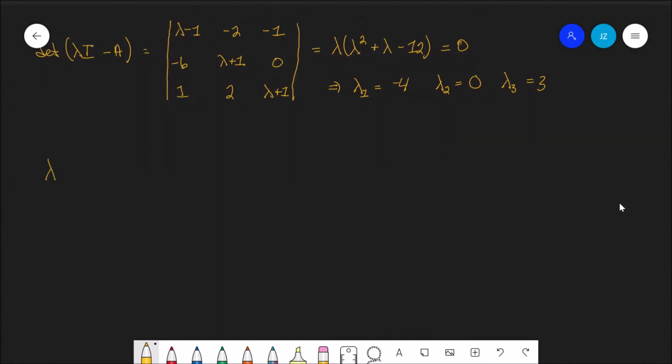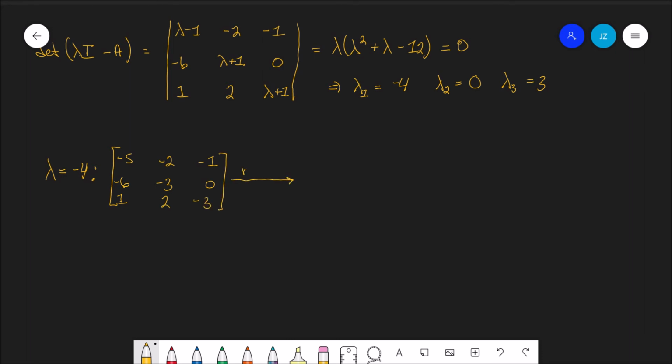For the eigenvalue lambda equals negative 4, we're going to take lambda, so negative 4, and everywhere there's a lambda in the above matrix, we put negative 4 in. So this will give us the 3 by 3 matrix, negative 5, negative 2, negative 1, negative 6, negative 3, 0, 1, 2, and negative 3.